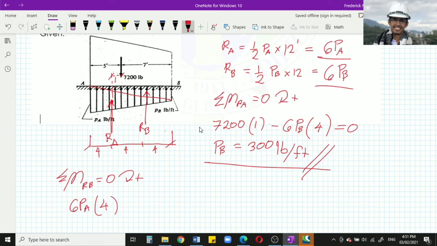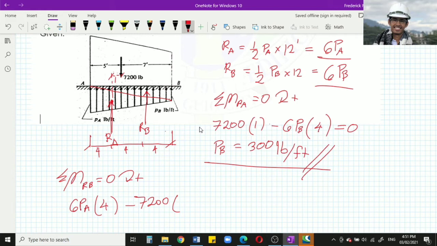Minus, counterclockwise naman yung moment ng ating 7,200. So minus 7,200 times, ilan yung distance niya? Kung 7 feet yon and kung 4 feet ito, that will be 7 minus 4 is equal to 3.